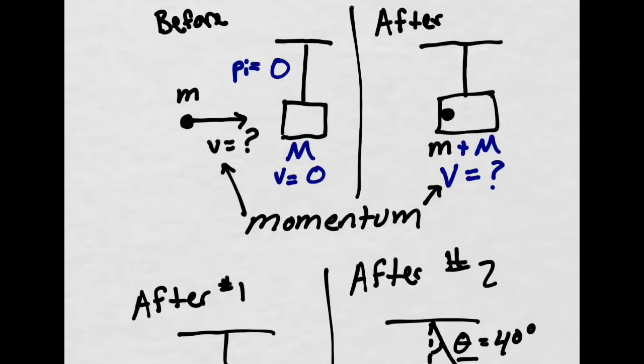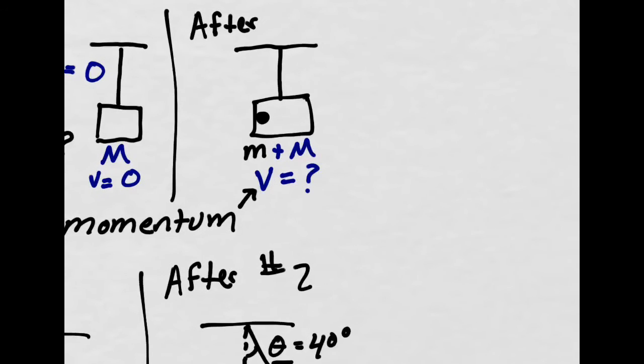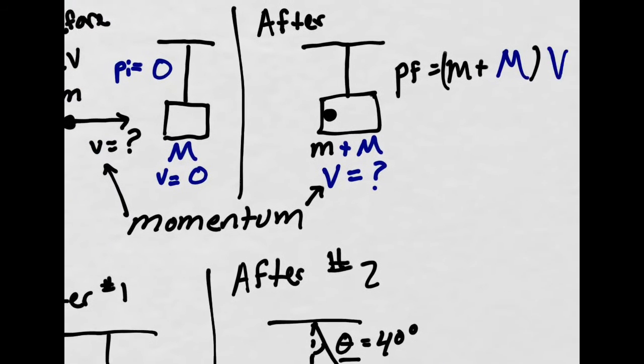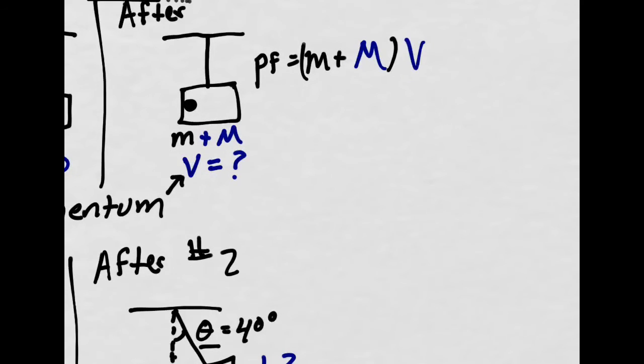So our momentum here at this before is we have 0 here. P initial equals 0, and for this, P initial equals mv. After, we have P final is equal to m plus M times big V. So conservation of momentum states that P initial equals P final.